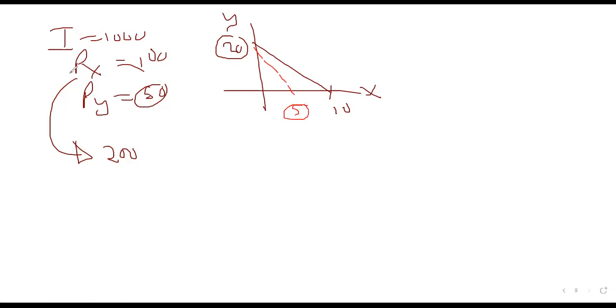Suppose instead of going to 200, the price went down to 50. So 50 into 1,000, what will happen? We get 20.